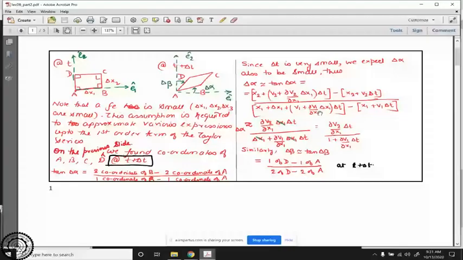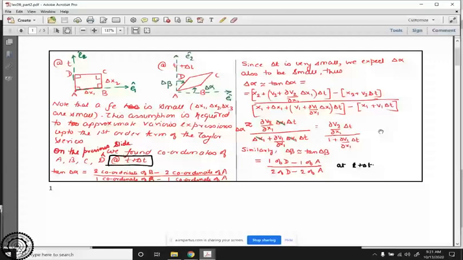And you see that a lot of terms cancel out. And when you simplify, you are left with delta alpha being approximately equal to what I have here: del v2 del x1 delta t divided by 1 plus del v1 del x1 delta t.